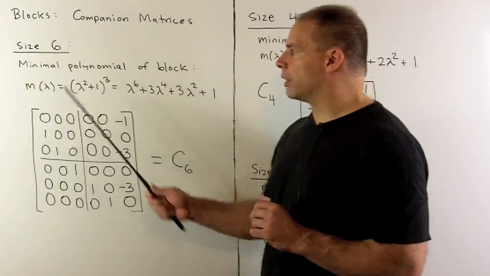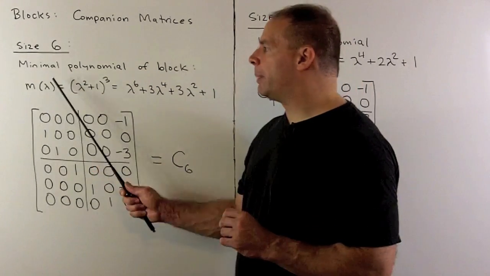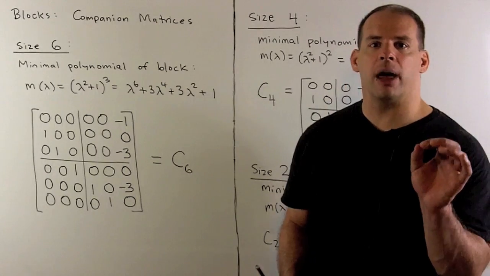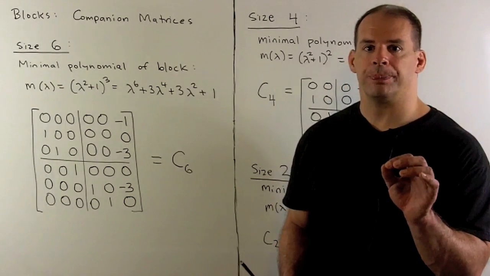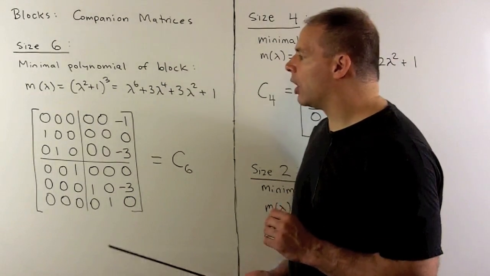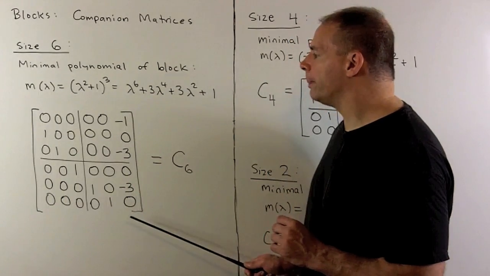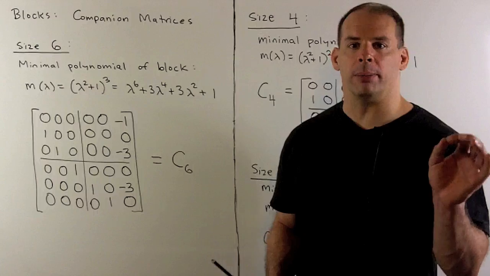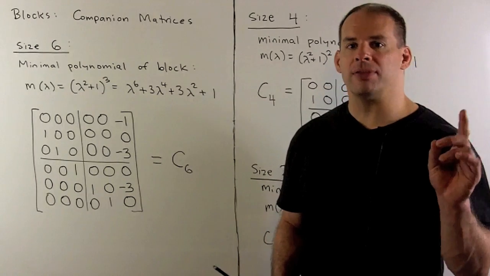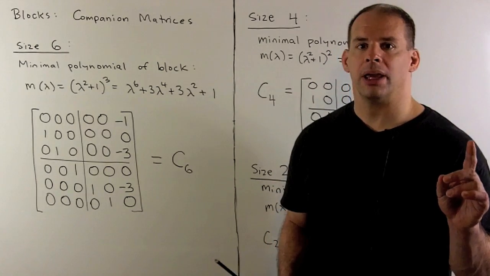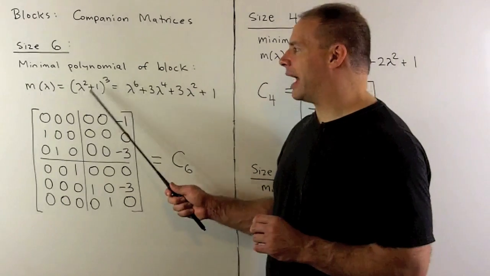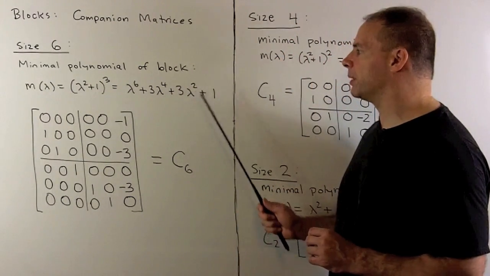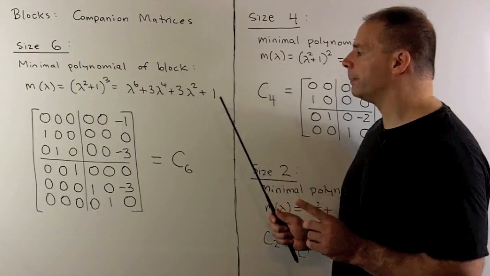Now, for size 6, the minimal polynomial is (λ² + 1)³. So how do we set up a companion matrix? We'll have 1s on the diagonal below the main diagonal. For the last column, we'll load in the coefficients of our minimal polynomial. Then we'll have 0s elsewhere. Now, if we expand (λ² + 1)³, we'll have λ⁶ + 3λ⁴ + 3λ² + 1.